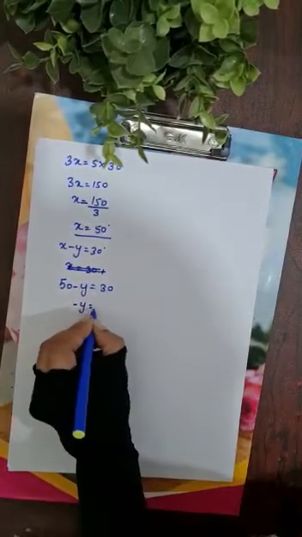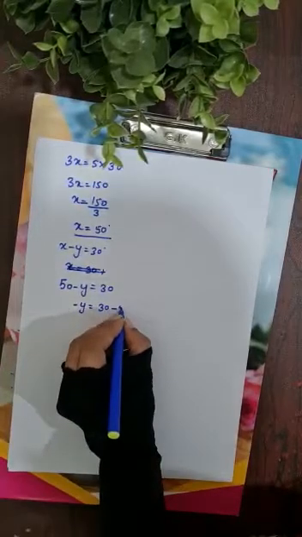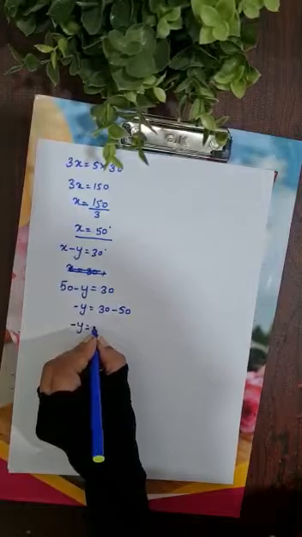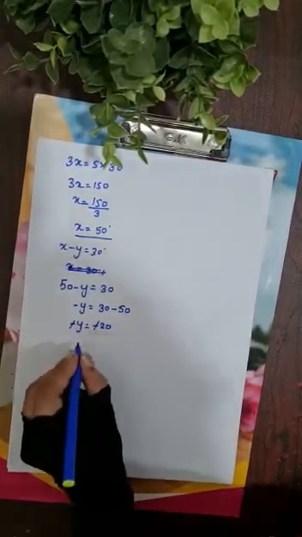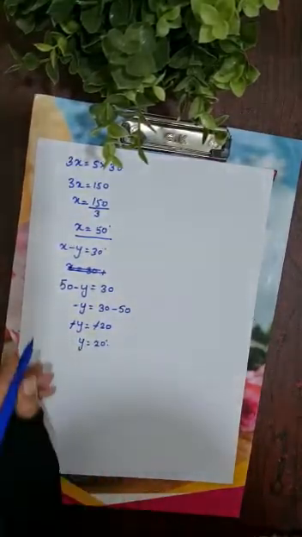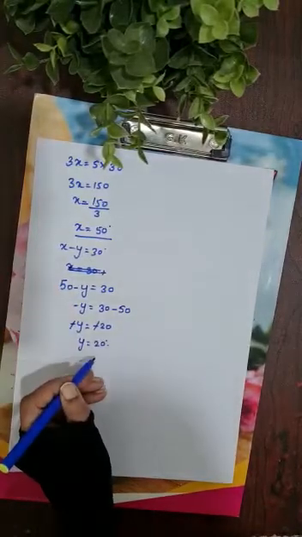Minus y as it is, right hand side as it is 30. Sending 50 to the other side, that becomes minus 50. Minus y is equal to 30 minus 50, which is minus 20. Minus minus gets struck out. So y is equal to 20 degrees. Okay, is that clear, children? So we have found the value of x and we have also found the value of y.